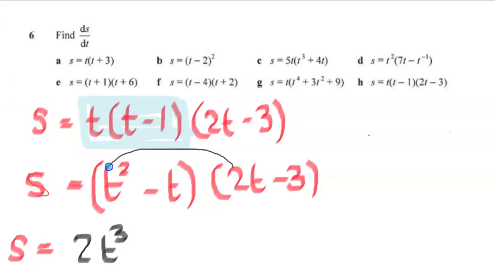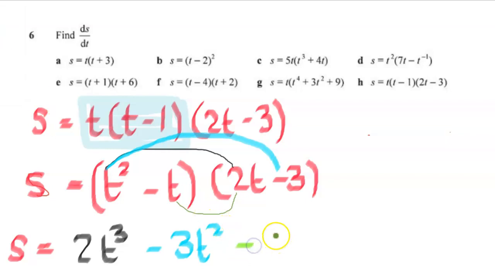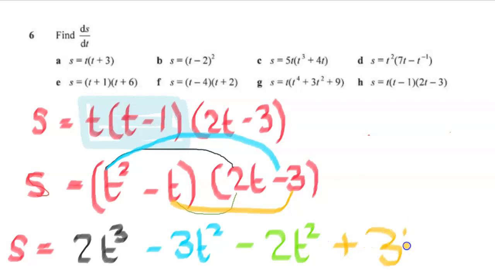Then I multiply this with that, and because it's a minus, that gives me minus 3t squared. Then I multiply this with that, so that's going to be minus 2t squared, because t times t is t squared. Then the last one: minus and minus is a plus, and that will be 3t.